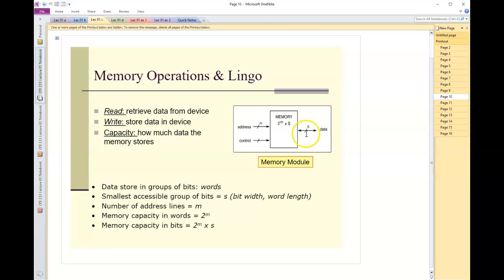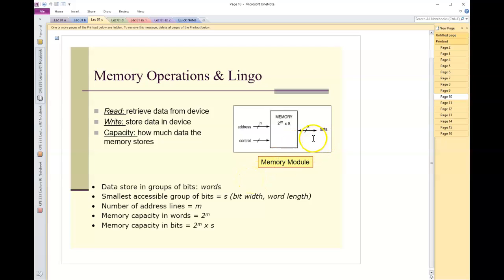Even though it stores bits, these memories are very rarely bit addressable. Typically they send out chunks of data, whether bytes or words or who knows what else. The width of the output data, which I've labeled S, shows that you're not going to get a single bit out of this at a given time.